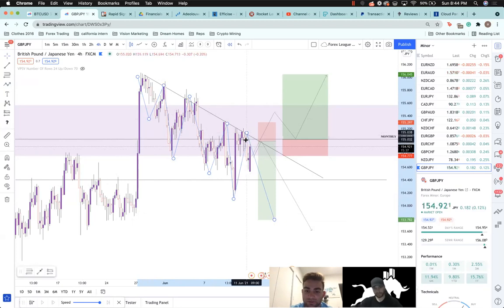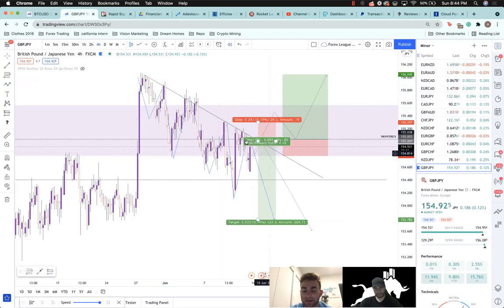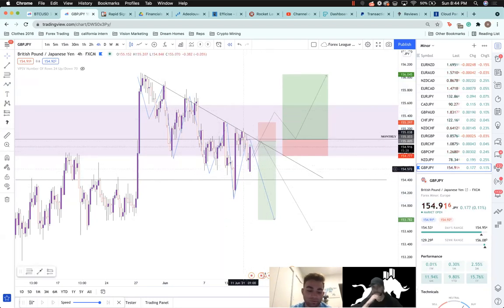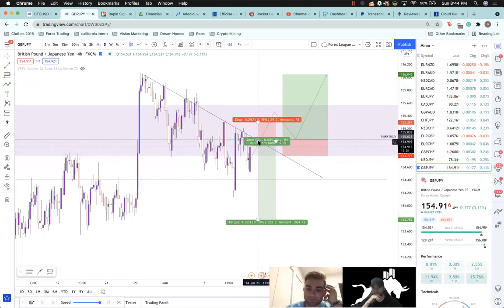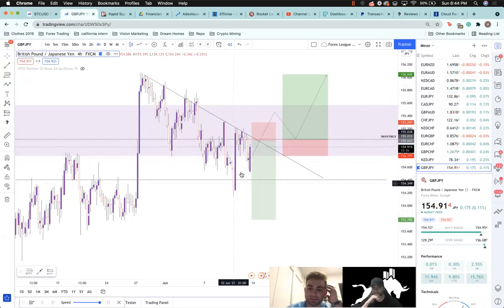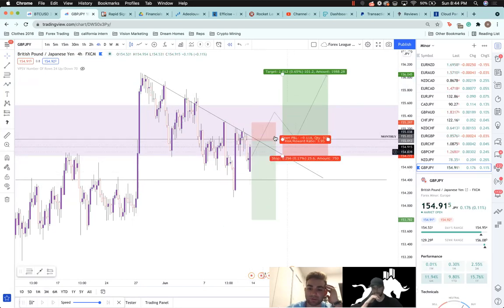I'm looking for it to respect this trend line that it's currently at. As you can see, price is shooting up now. Before, when I made this analysis, price was not doing this. It was down here. So as price comes up into this area, this is where I'm trying to short this right here. Once it rejects this at all, I'm going to put a short on this one.